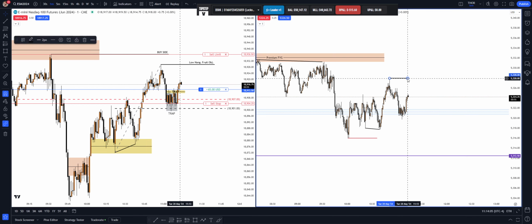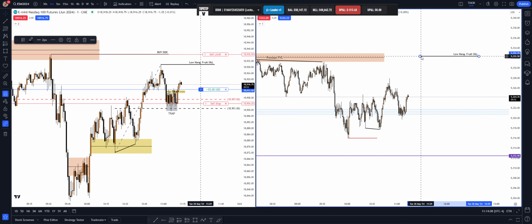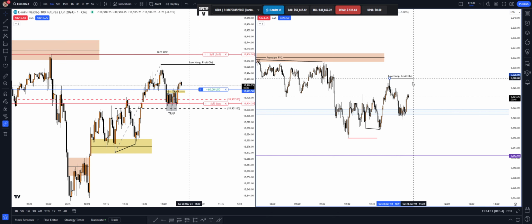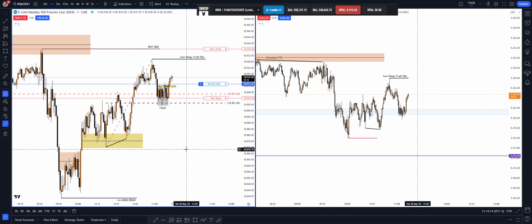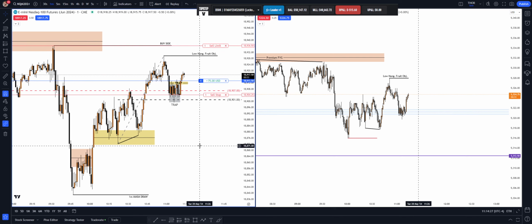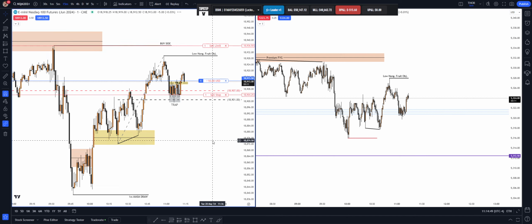And same deal on ES. Don't like it yet. The 15-minute close.